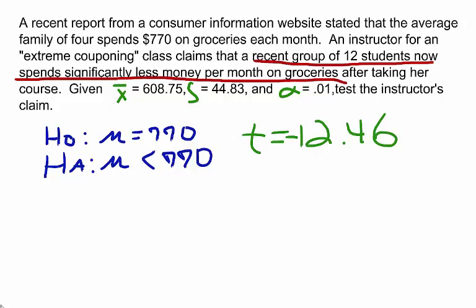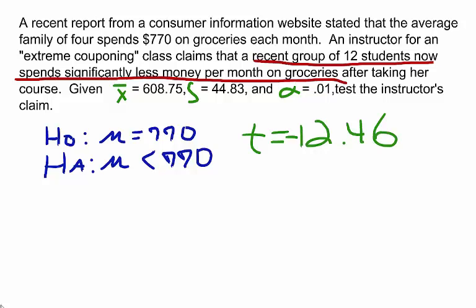If the probability value that we generate is less than 0.01 or 1%, then we can support the instructor's claim based on the data. If the probability value is greater than 1%, then the instructor's claim is unsupported.